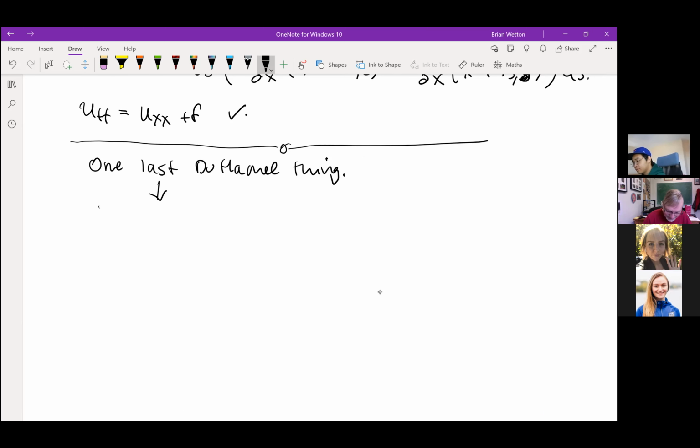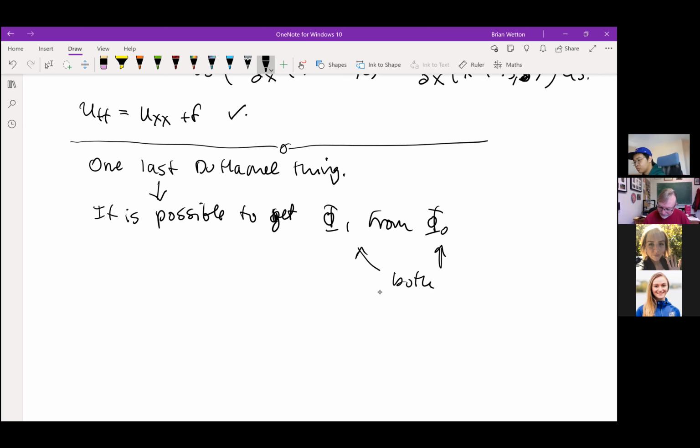So it is possible to get phi1 from phi0. Okay, so let's remember what these things are. Both of these solve UTT.